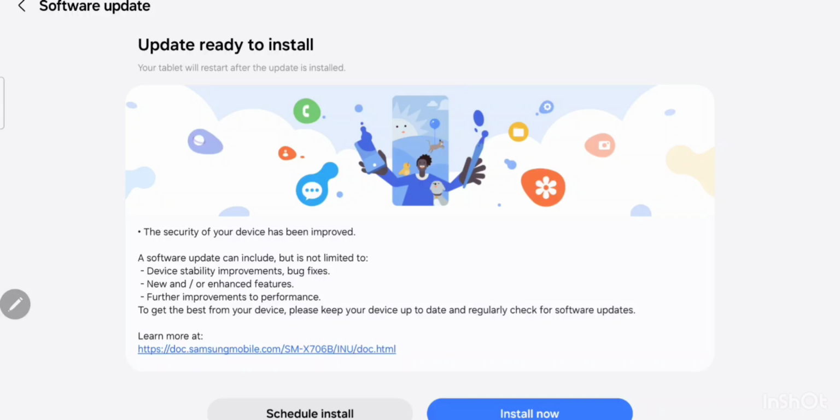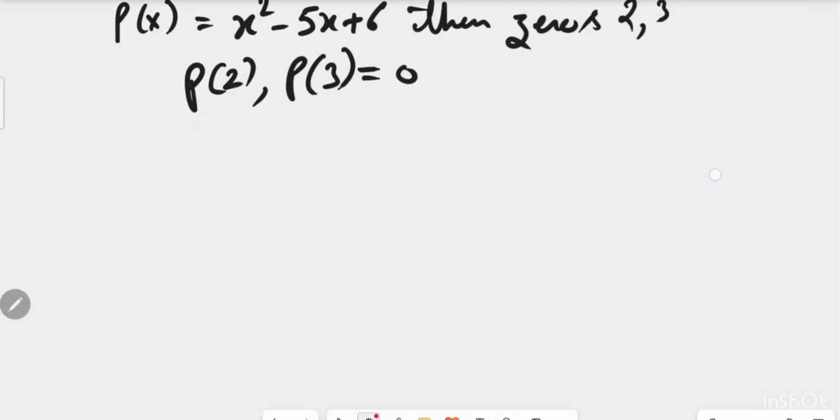So how do we find the sum of zeros and product of zeros?